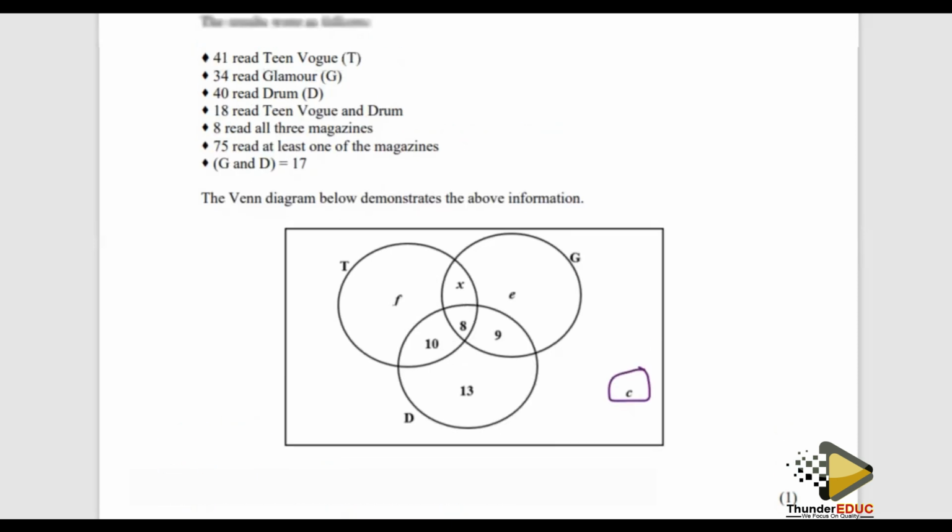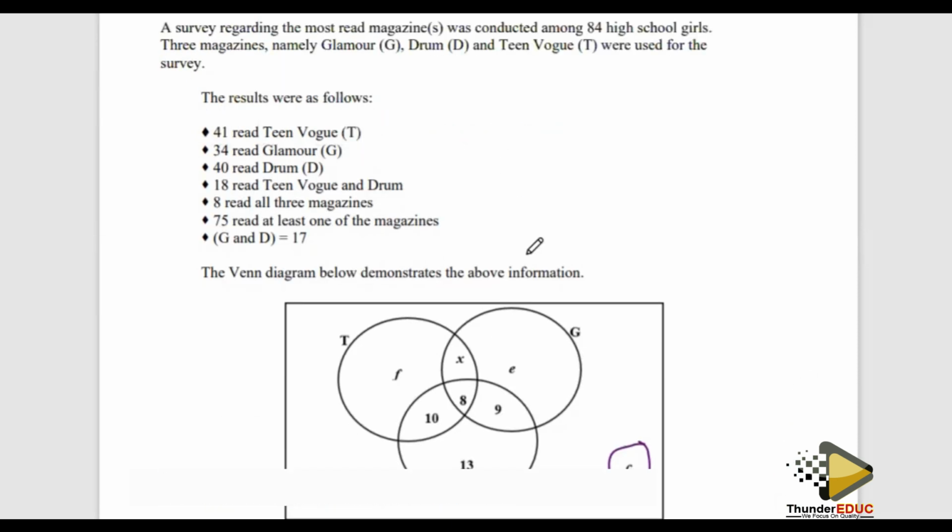Okay, so what we can see is that we have a total of 84 girls. But the statement says 75 read at least one. What this means is that 75 people do some reading, whether they are reading 1 or 2 or 3, 75 of them.